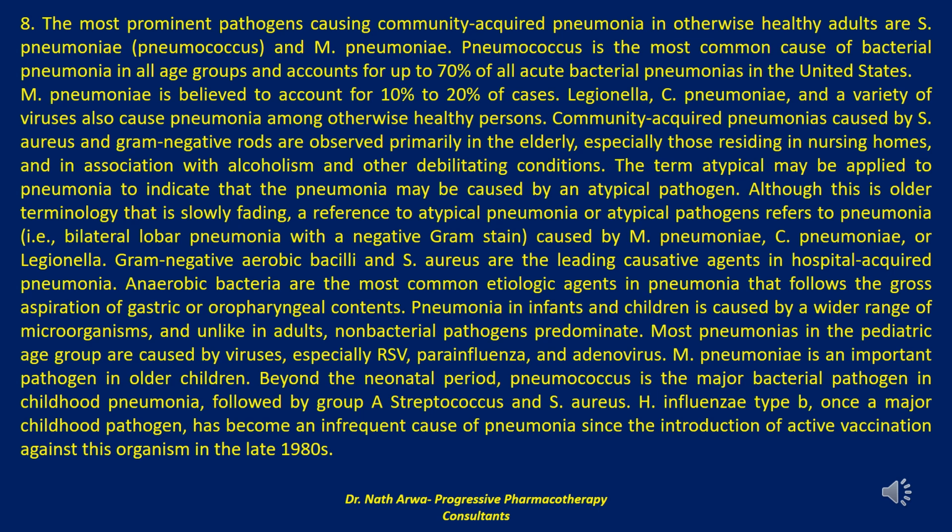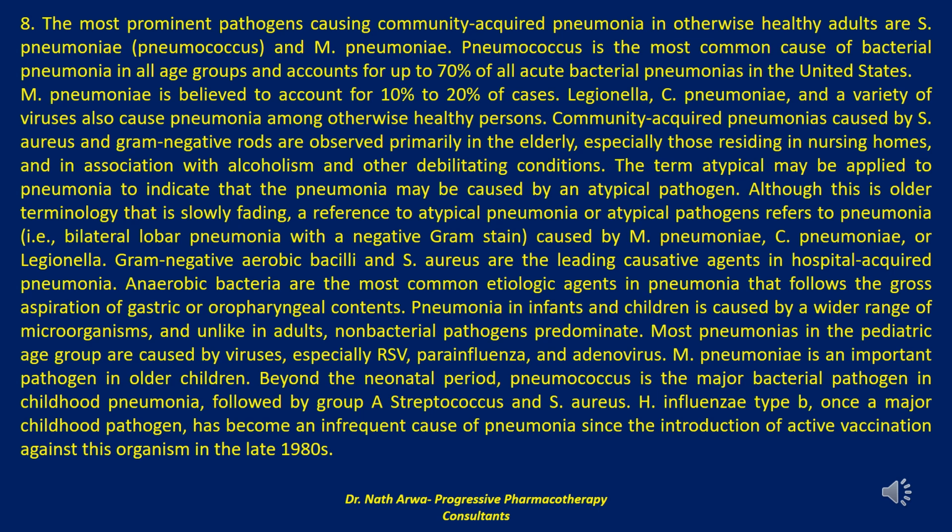Pneumonia in infants and children is caused by a wider range of microorganisms, and unlike in adults, non-bacterial pathogens predominate. Most pneumonias in the pediatric age group are caused by viruses, especially RSV, parainfluenza, and adenovirus. Mycoplasma pneumoniae is an important pathogen in older children.